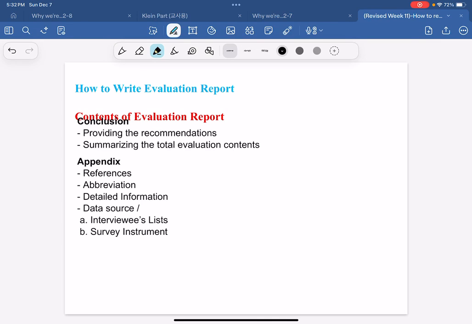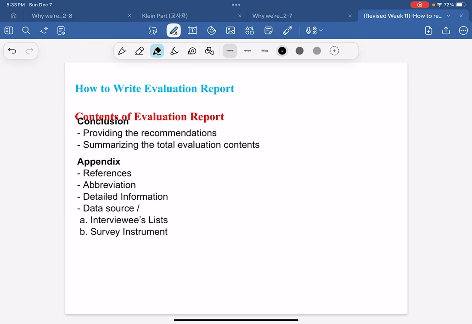And then also, after evaluators provide the recommendations, the evaluators should summarize the total evaluation content, right? To help public policy officials understand the entire evaluation process. And lastly, finally, the appendix should be created.